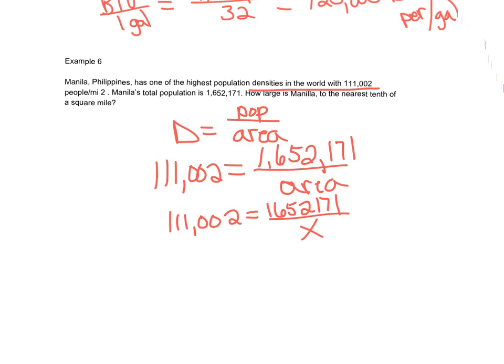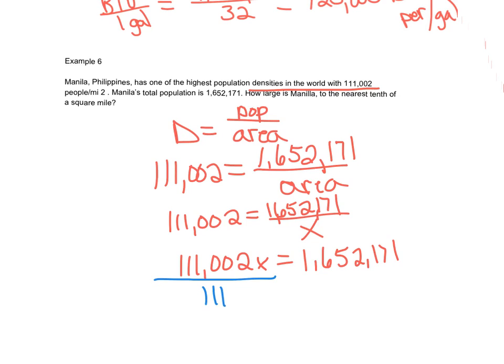The first thing I need to do is move the x over, like we did in trig, and then divide by 111,002.